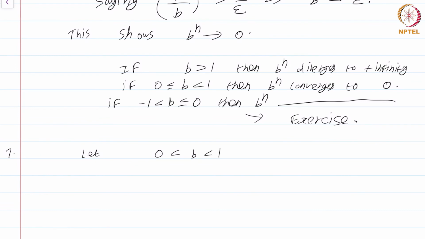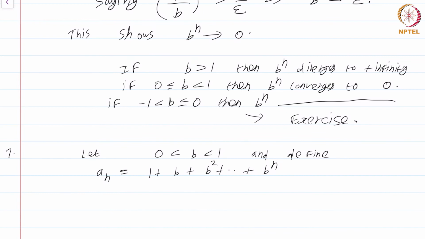Let 0 < b < 1 and define a_n to be 1 + b + b^2 + ... + b^n. I'm defining the nth term of the sequence to be just 1 + b + b^2 + ... + b^n.